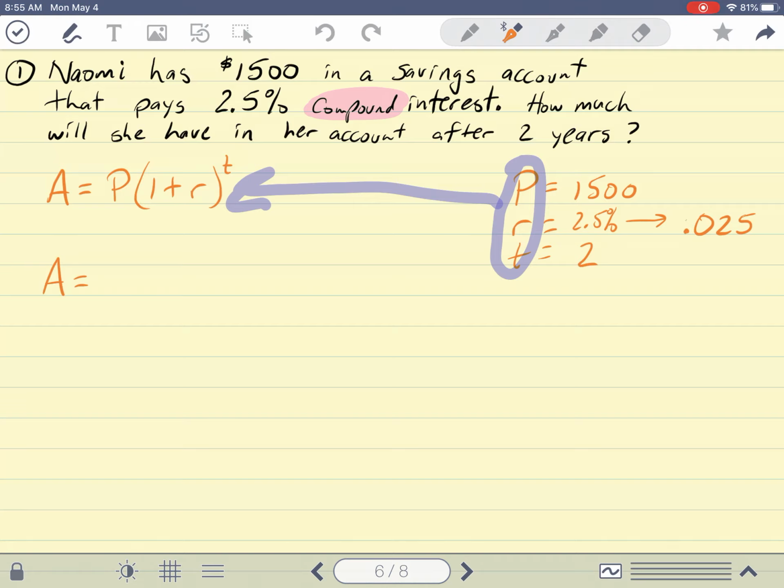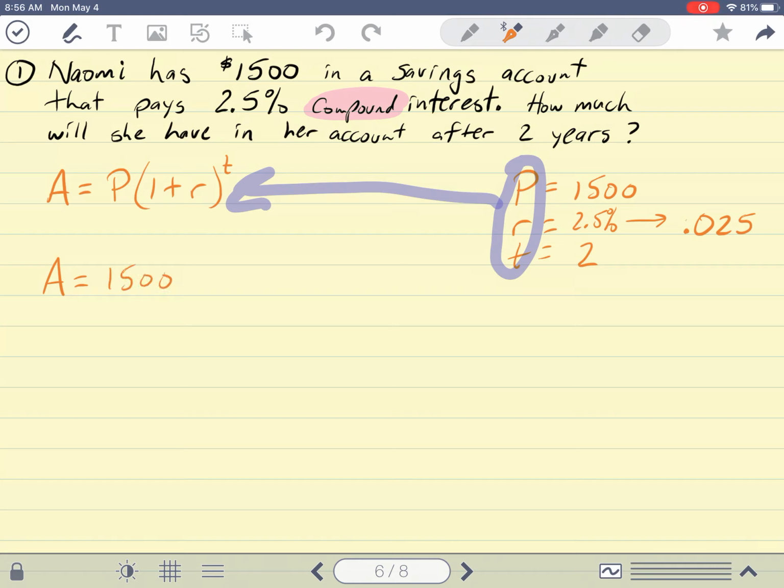The previous problem, I solved for just the interest in a simple interest problem. In a compound interest problem, when you solve for A, that's the future value, which means this already includes the interest. So it looks more confusing, but it's a tiny bit easier because it gives you the total amount after you run this calculation.